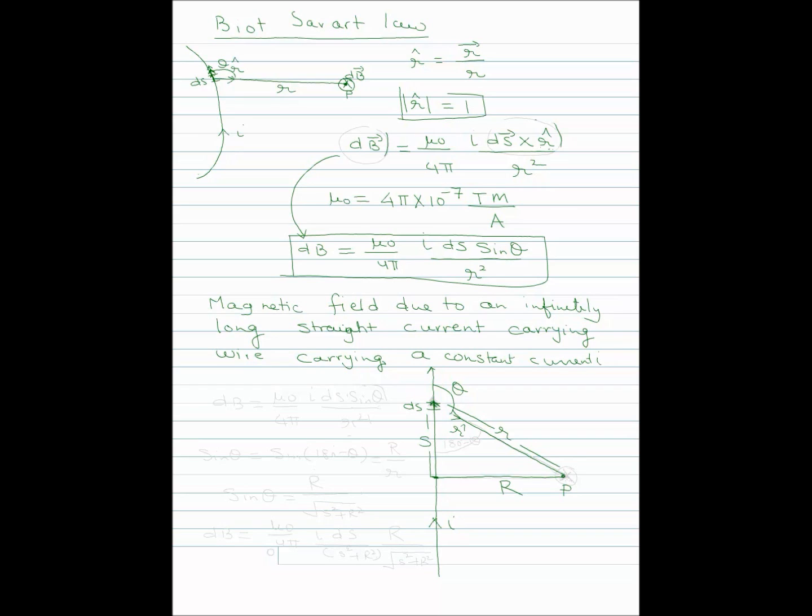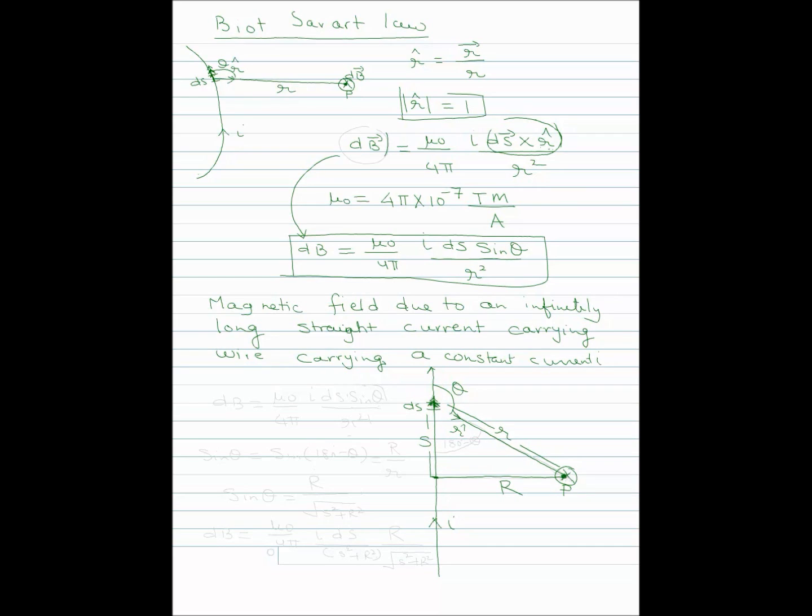So remember, the direction of magnetic field at this point P due to this infinitesimal current element will be given by the direction of ds cross r hat. So let's try it. So ds cross r hat, do you see that it's pointing into the paper because both ds and r hat are in the plane of the paper.